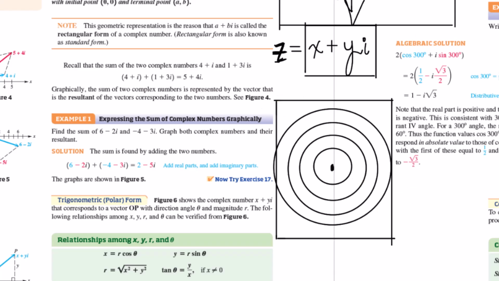Let me put this kind of fuzzy in the background. You can still put a vector to represent it. Here's this point, let's say it's the same point, right around here.